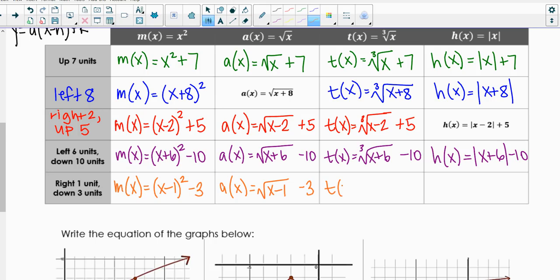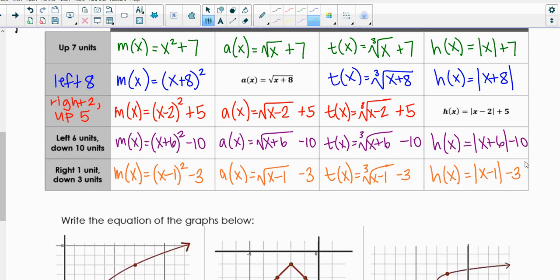T of x will be the cubed root of x minus 1 minus 3. And h of x will be the absolute value of x minus 1 minus 3. So that's focusing on the left, right, up, down.